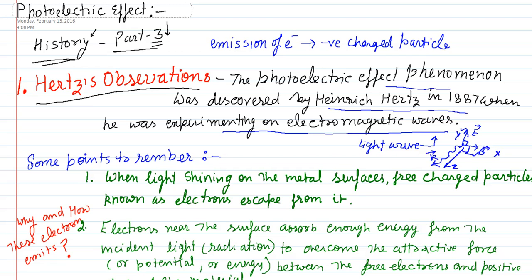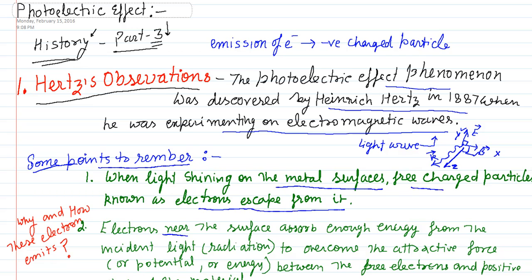Here are some points which you have to remember when you study the photoelectric effect. Number 1, when light shines on the metal surface, here you have to specify the light, the radiation, what its source is, and what type of material you have chosen. But the point is, when light shines on the metal surface, free charged particles known as electrons escape from the surface.